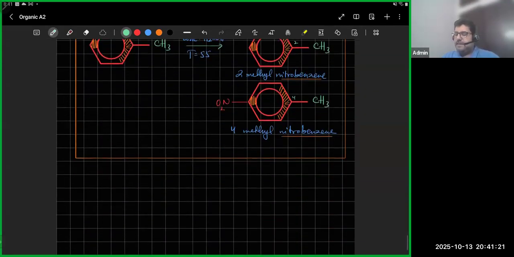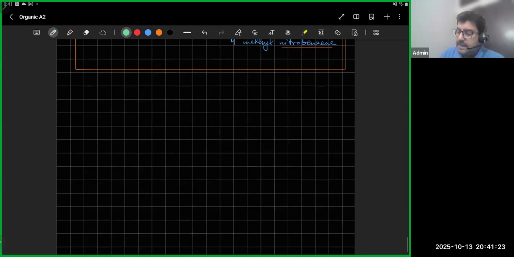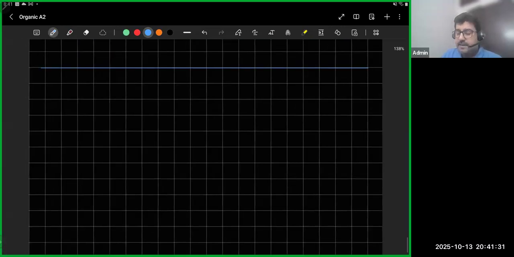Now the next one is electrophilic substitution of the other electron donating groups, that is, electrophilic substitution of phenols.